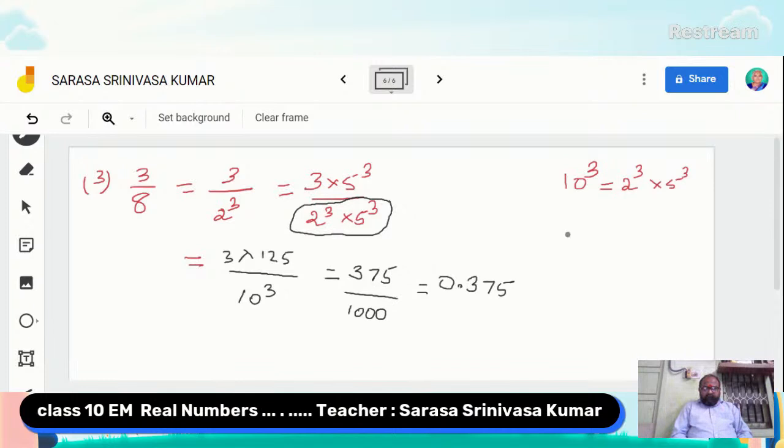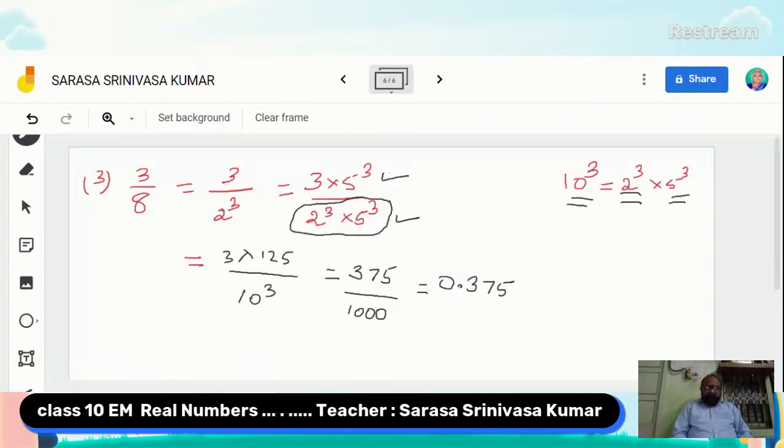Denominator should be in the form of 10 power 3. To get 10 power 3, 2 power 3 must be multiplied by 5 power 3. So, in the next step, we have multiplied and divided by 5 power 3. This is a very important step: by which number it should be divided and multiplied.